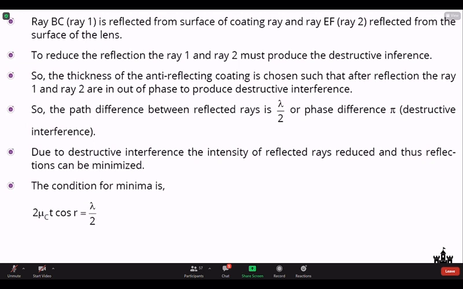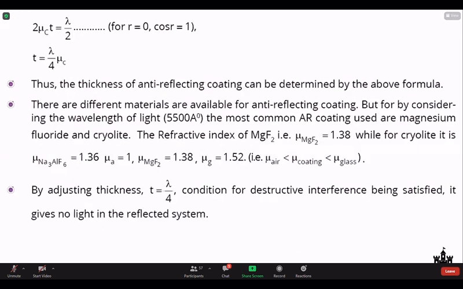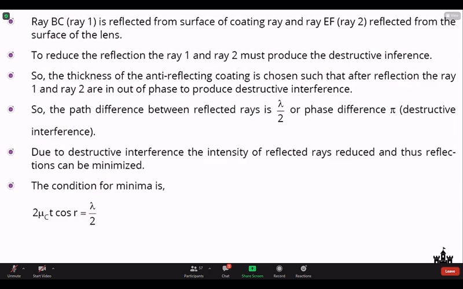So for n equal to 1, using this condition, for cosine r, r should be equal to 0, that is, no reflection. So cosine of 0 is 1. So this equation becomes 2 mu t equal to lambda by 2. So t is equal to lambda by 4 mu.